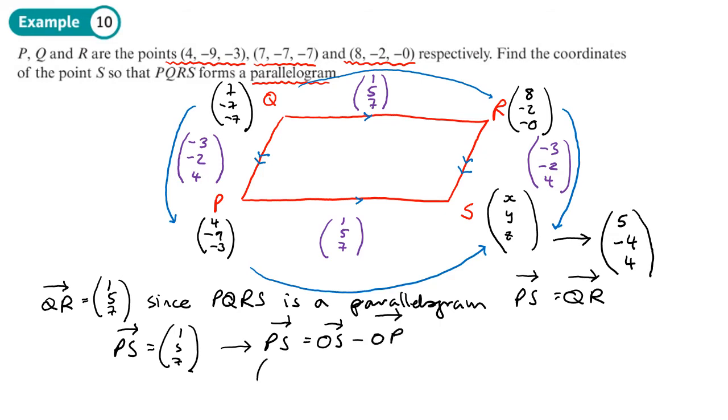So you end up with (1, 5, 7) equals OS, which we're trying to find, (x, y, z), minus OP, which is (4, -9, -3), and solve it that way. You'll get the same answers, because 1 is equal to 5 minus 4, 5 is equal to -4 minus -9, 7 is equal to 4 minus -3. So you can do it this way as well if you prefer, if you want to write all the technical way of working it out.